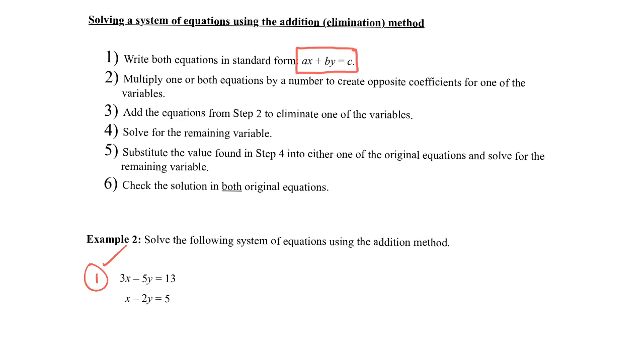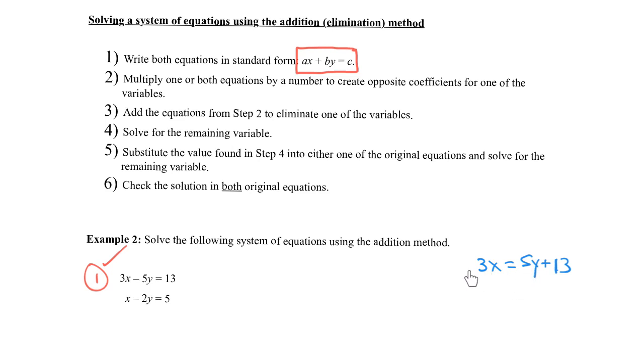Here's something that happens sometimes. What if we had 3x equals 5y plus 13? A lot of times you'll see something like this, where this is not in standard form, right? So we have to first put it in standard form. To put this in standard form, we would need to get this y over here.